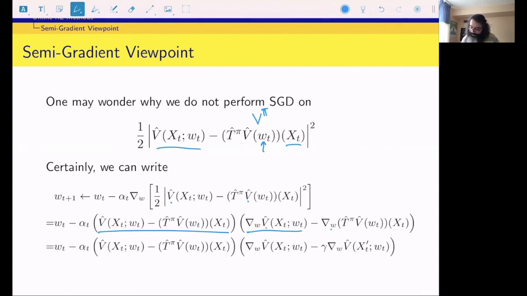And if we write this, the second term becomes minus gamma times the gradient of V hat at x_t prime, the next state, with the same W. So this is the gradient of the value function at the next state, and the difference between these two. Okay, so this is a legitimate SGD update.